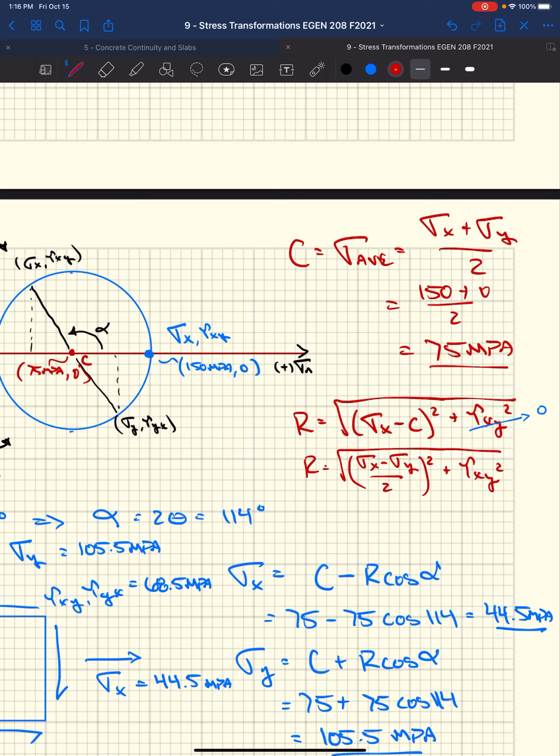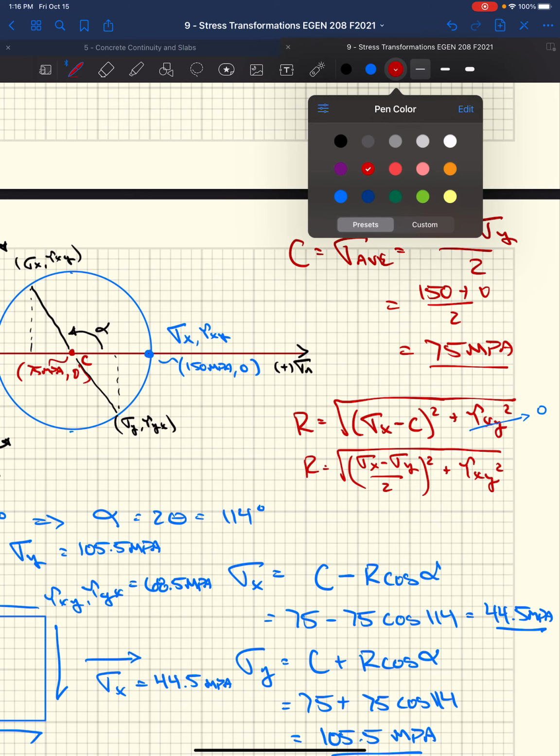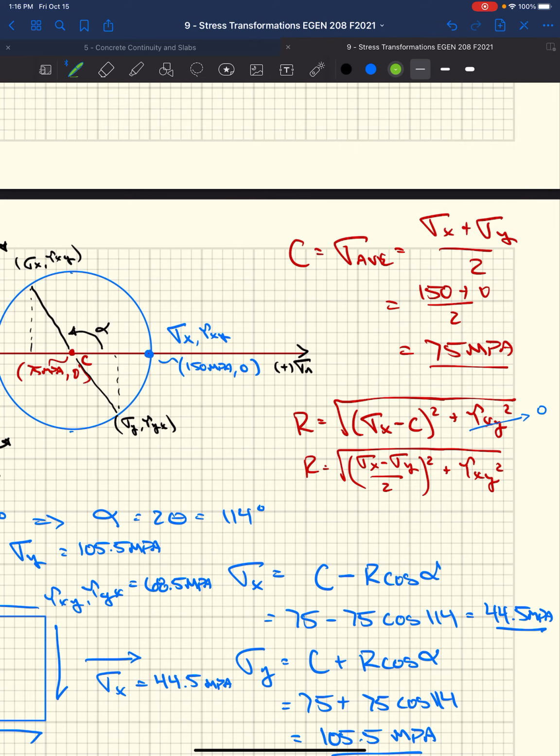So if we had some arbitrary point, say it was up here, we're going to have a y leg and an x leg, right? This is our x leg and our y leg. So we can look at our x leg being whatever this point's sigma x is minus the center. The y leg being our shear stress at that point.